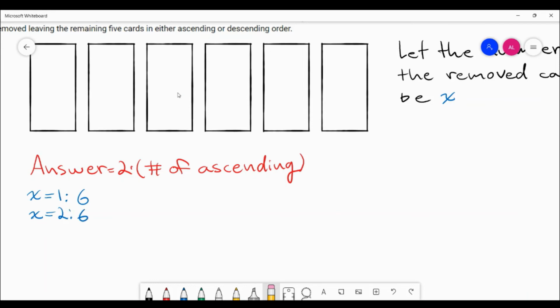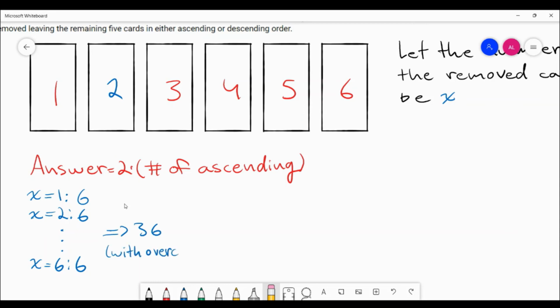Now, if we remove the second card, that's also 6, because all the other 5 cards have to be in the order 1, 3, 4, 5, 6. And now it's a question of where should we place the 2? Here, here, here, here, here, or here. And so on until we get to x equals 6. So that is 36 total outcomes. However, we overcounted some.